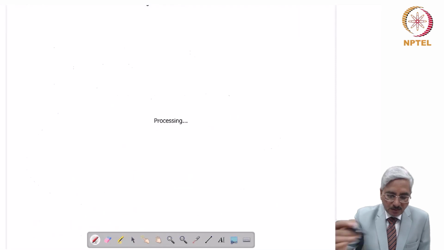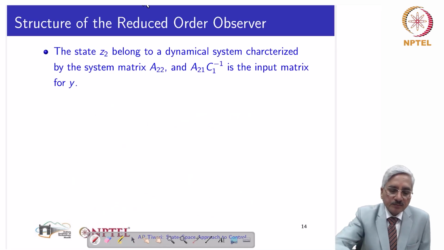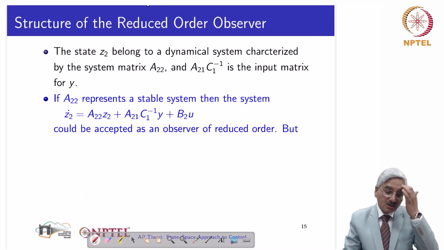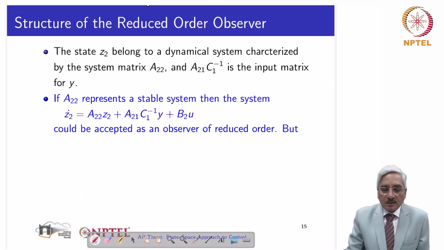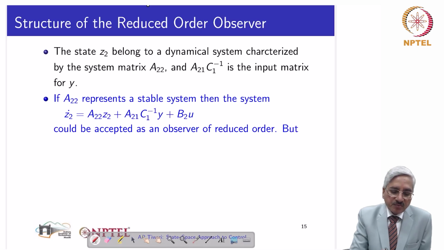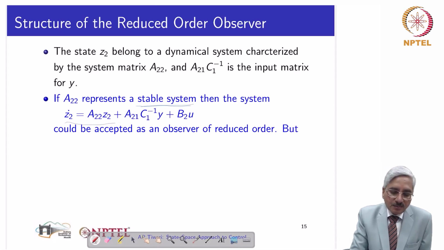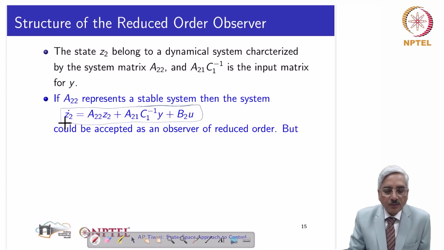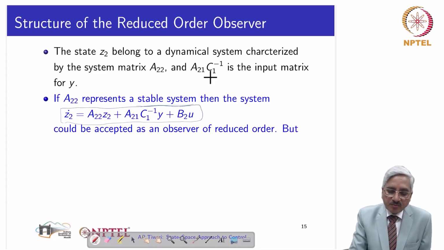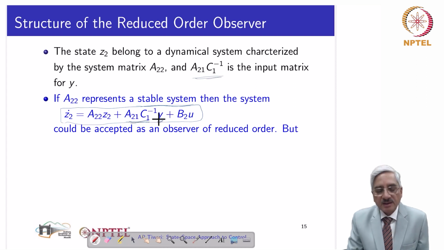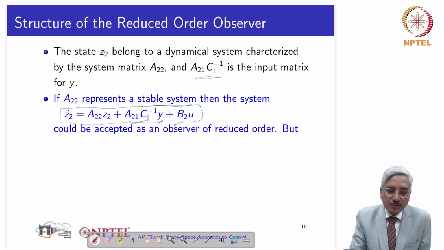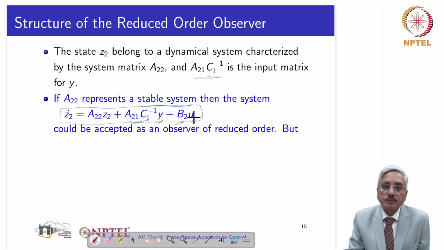This is the equation, and in this, suppose as a very special situation, A22 is a stable system. Then this system will be stable with A21 C1 inverse as the input matrix corresponding to the measurement vector y, and B2 the input matrix corresponding to the input to the system u.